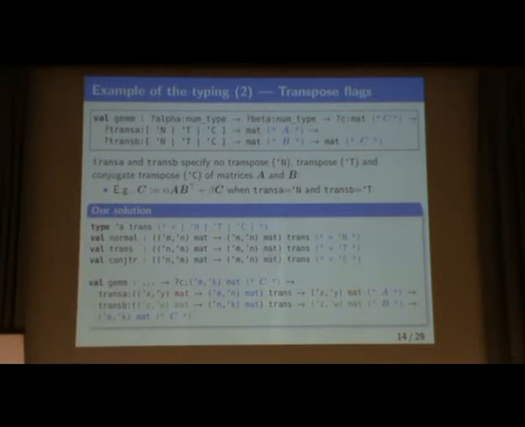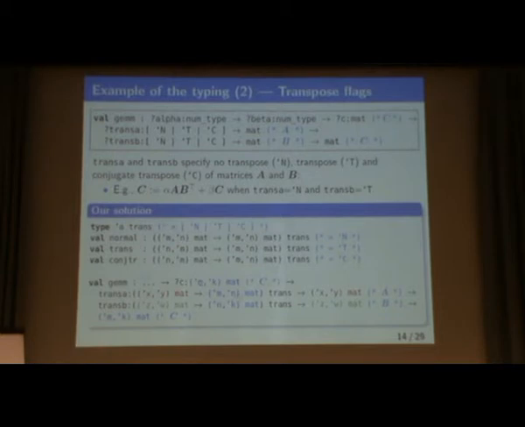And these parameters are only for types and don't have any particular operation. But for the sake of types, we express the transpose flags, so non-transpose, transpose, and conjugate transpose, by just symbols of these types, which in OCaml are implemented by just primitive variants. But any value is actually okay as long as these types are given. So the values themselves have just symbolic meaning.